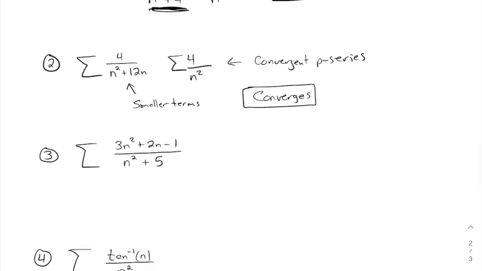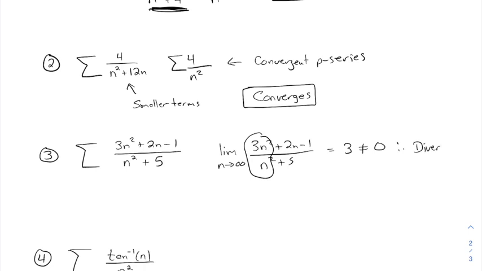All right, example 3. We could compare this to something, but before you jump straight in with the comparison test, you always want to do the test for divergence first. On this thing, if we take the limit as n goes to infinity of 3n squared plus 2n minus 1 over n squared plus 5, notice these are my dominant terms, and so this gives me 3. That's not equal to 0, so therefore this diverges by the test for divergence.